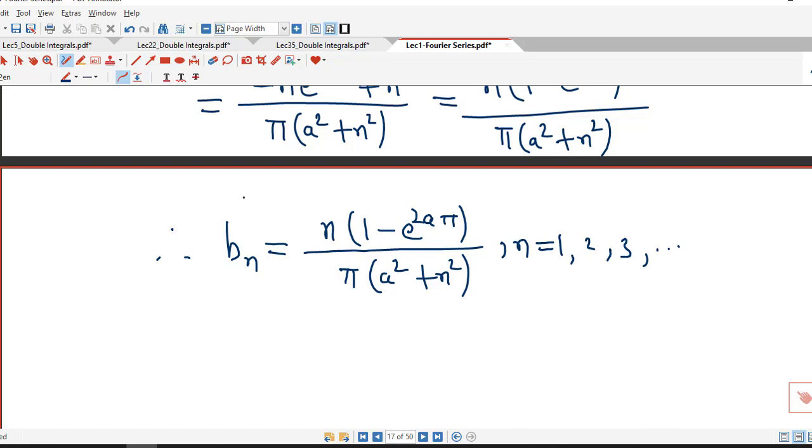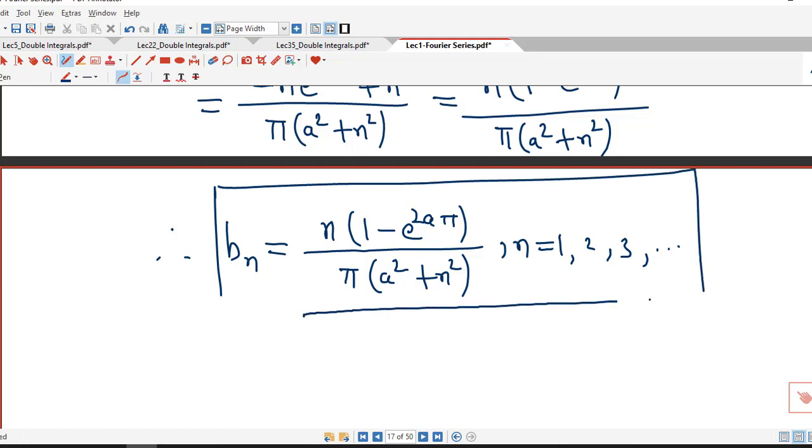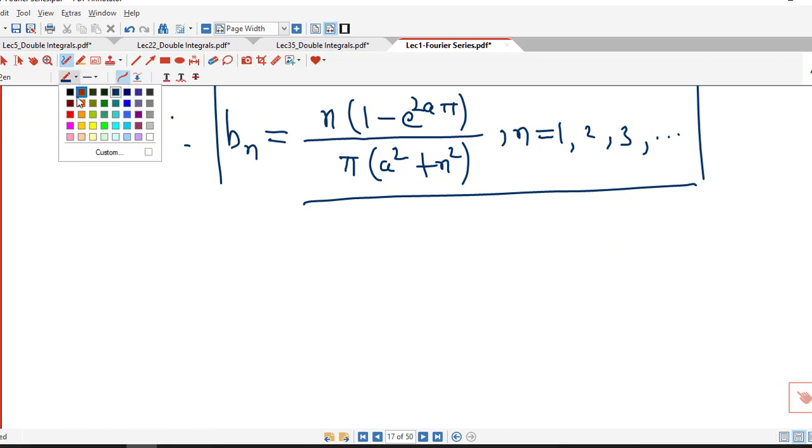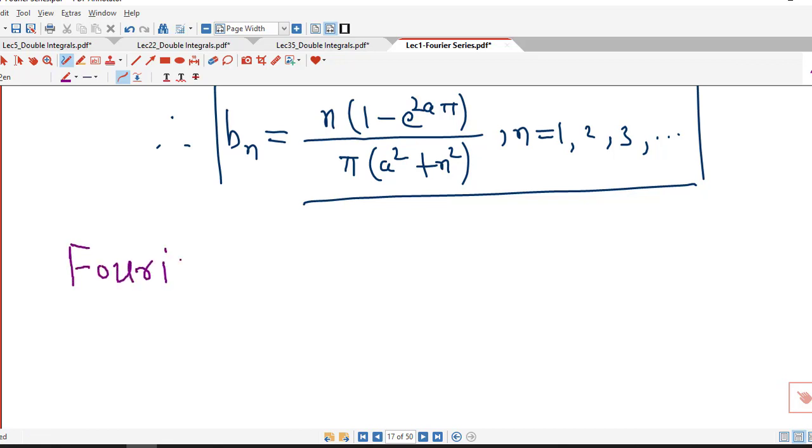So now we are having all the Fourier coefficients, so we are able to write down the Fourier series of the given function. The given function, the exponential function, is continuous at every point. So the sum of the Fourier series will be equal to fx.